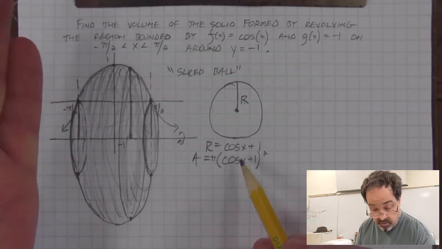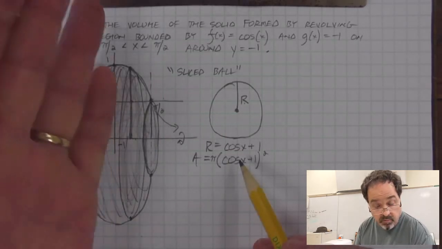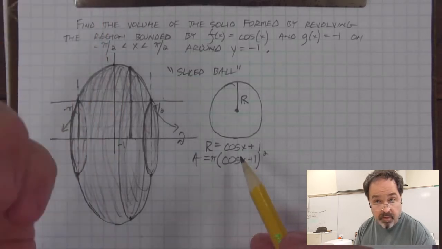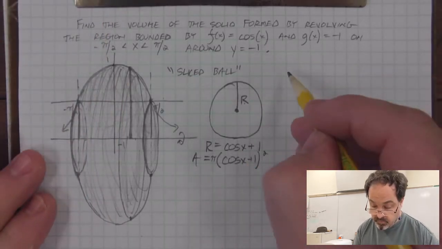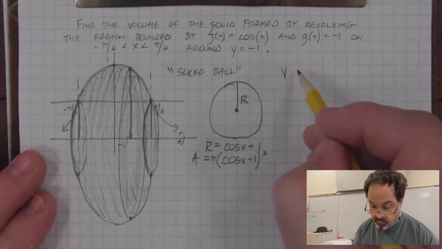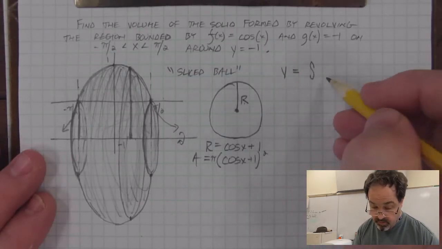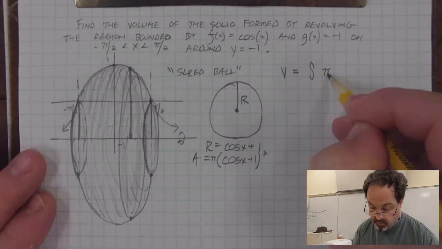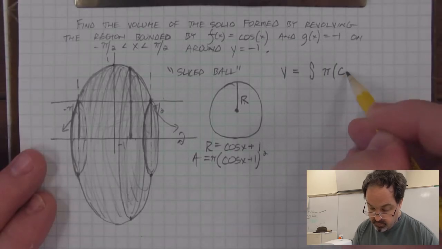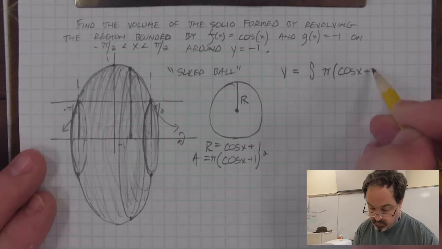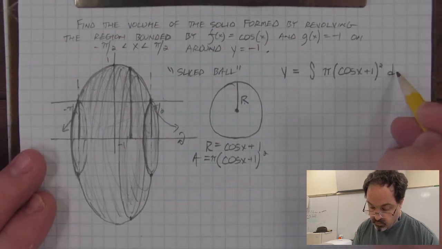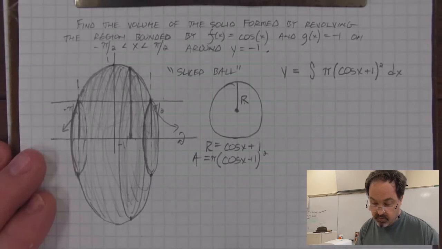Now that I have the formula for the area, I have what we need to integrate. We're going to be integrating areas of disks. Those are the slices that we're going to sum up to create the volume. So the volume is the sum, or the integral, of all of these areas, pi times the cosine x plus 1, which is the radius, squared, with respect to x.